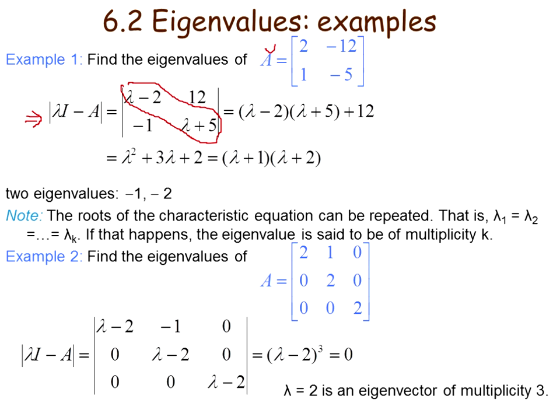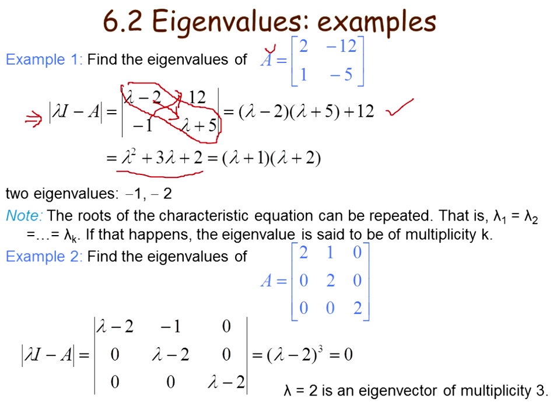Then open this determinant. We know how to open it: just cross multiply. So we get lambda minus 2 and lambda plus 2 plus 12. It is a quadratic equation: lambda square plus 3 lambda plus 2. Now factorize it.